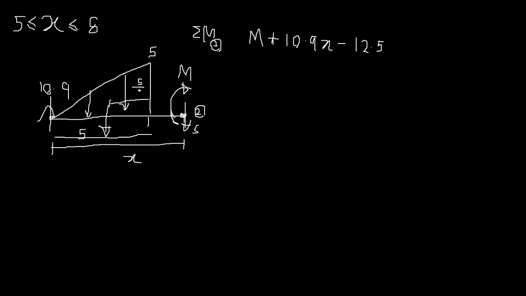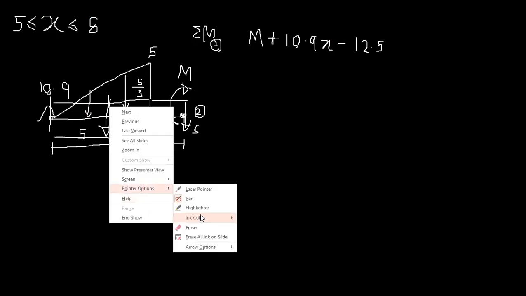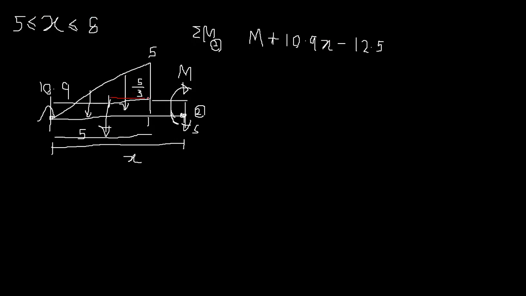So that's 1/3 of the length of the load, right? 5/3, sorry, 5 over 3, and so that distance is, so this is the distance you need, so that's going to be x minus this distance, right?